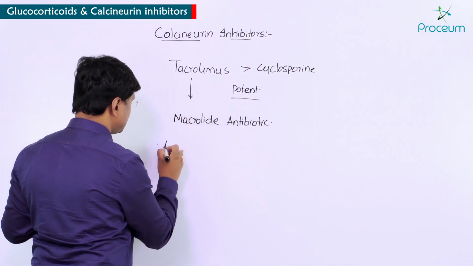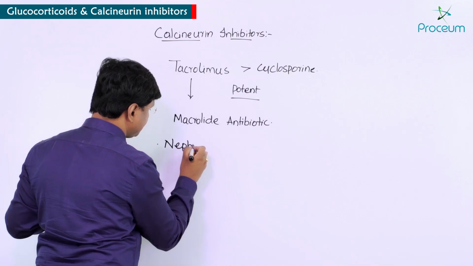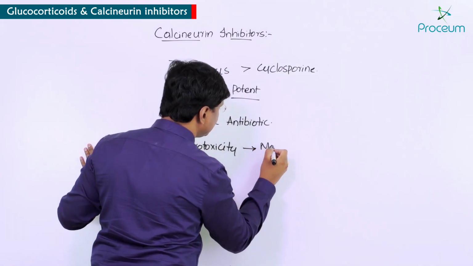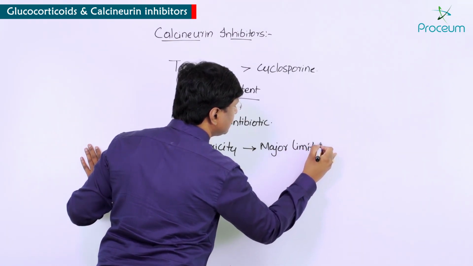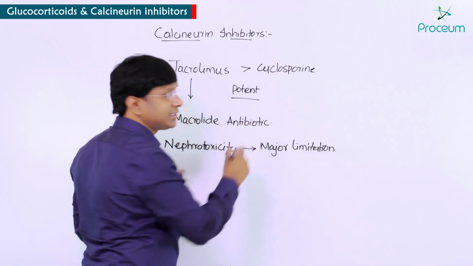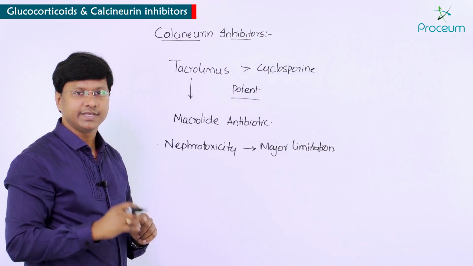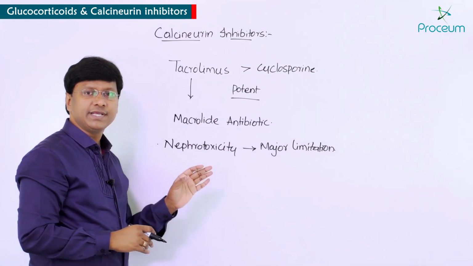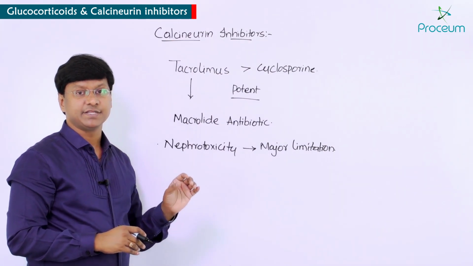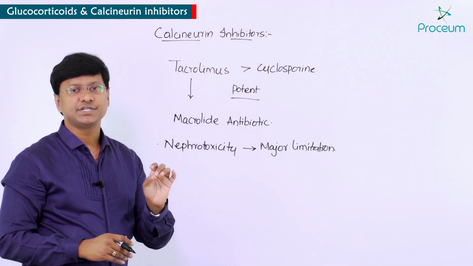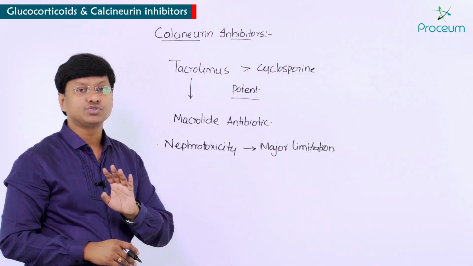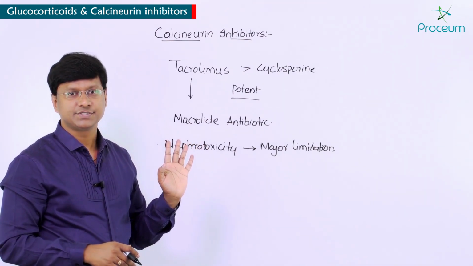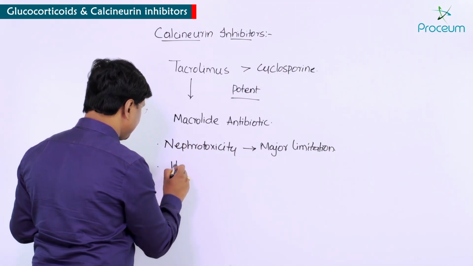So nephrotoxicity is the major limitation of cyclosporin. Next, the other adverse effect, hypertension. Hypertension occurs in almost 50% of renal transplant and almost all cardiac transplant recipients.